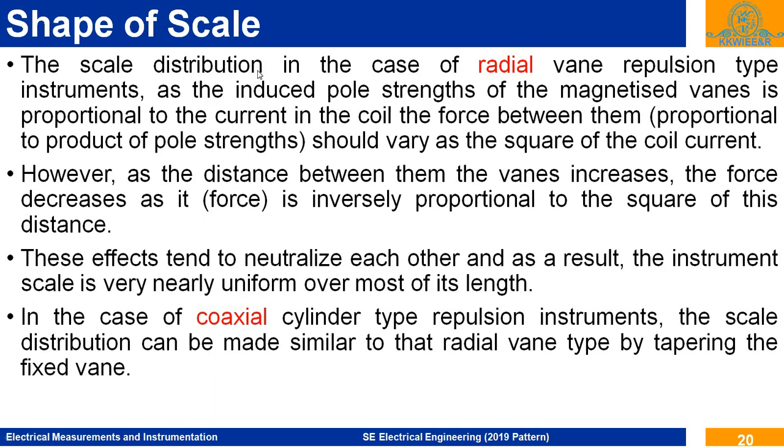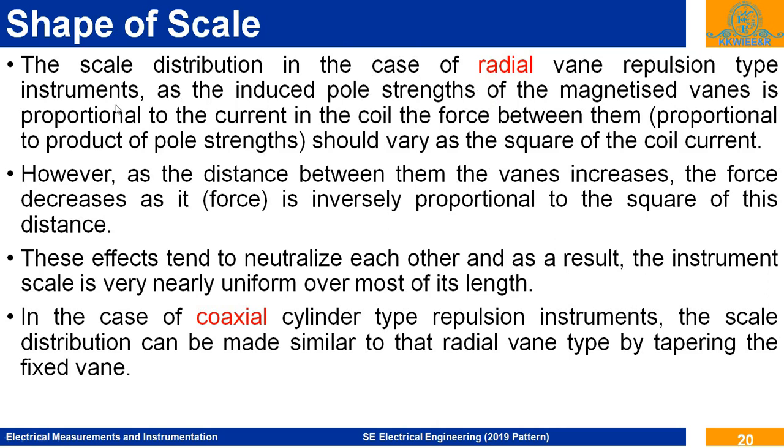The scale distribution in the case of a radial vane repulsion type instrument: what is the shape of the scale in the attraction type and the repulsion type? In the last part we discussed the attraction type. Now we'll see the repulsion type instrument.